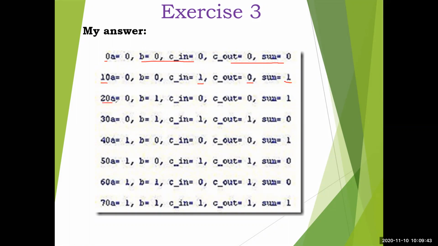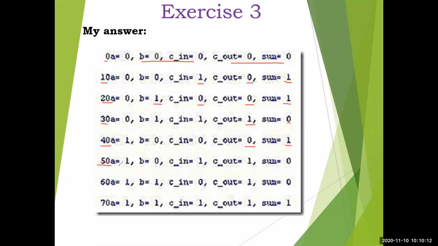Then at time 20, you get the next combination 0 1 0, so cout is not there and sum is 1. Okay, then at 30, it is the 0 1 1 combination, so sum will be 0 and a carry is produced, 1. Okay, next at 40, the 1 0 0 combination will come, so sum is 1, only one 1 is there, so no carry is generated, so cout is 0.